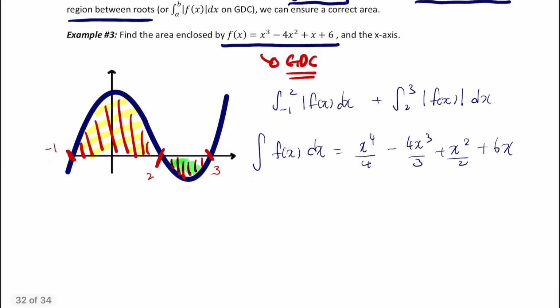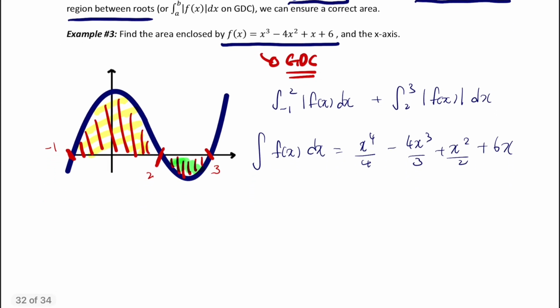Then you can plug this integrated formula into the equation: x to the power 4 over 4 minus 4x cubed over 3 plus x squared over 2 plus 6x, absolute, from -1 to 2.